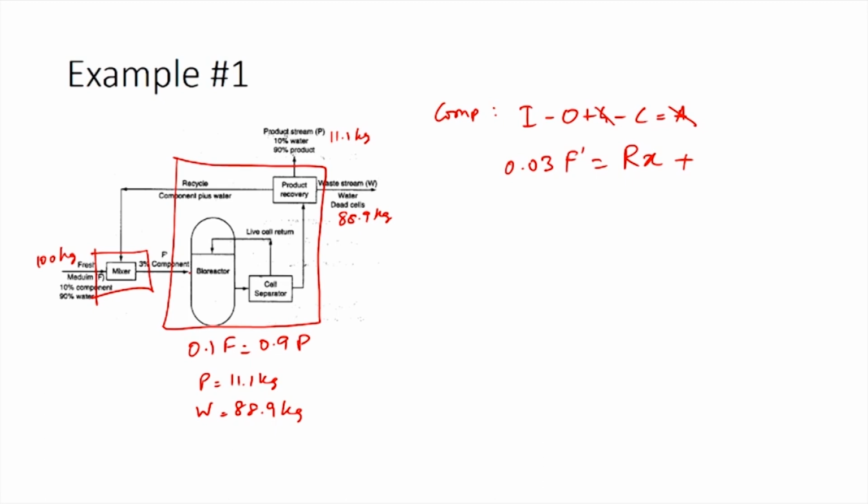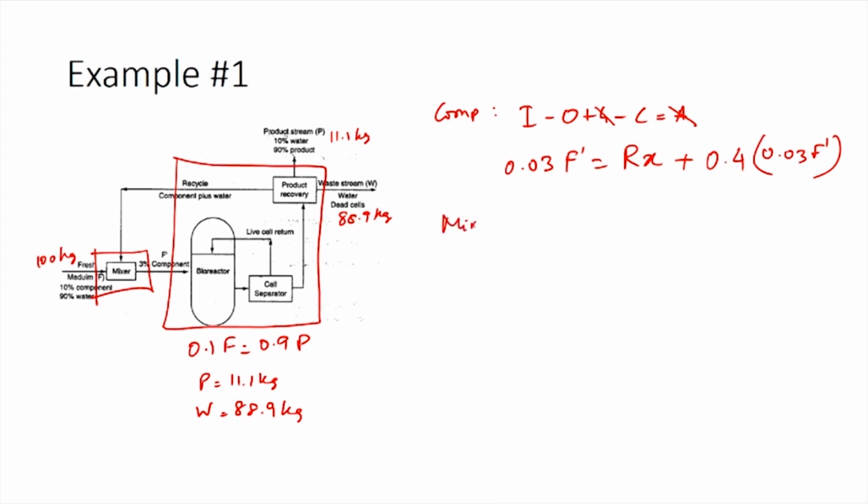So, the single pass conversion has been given as 0.4, this times the feed which is entering the reactor, which would be 0.03 F prime. So, this is the balance equation for the component for the system chosen.